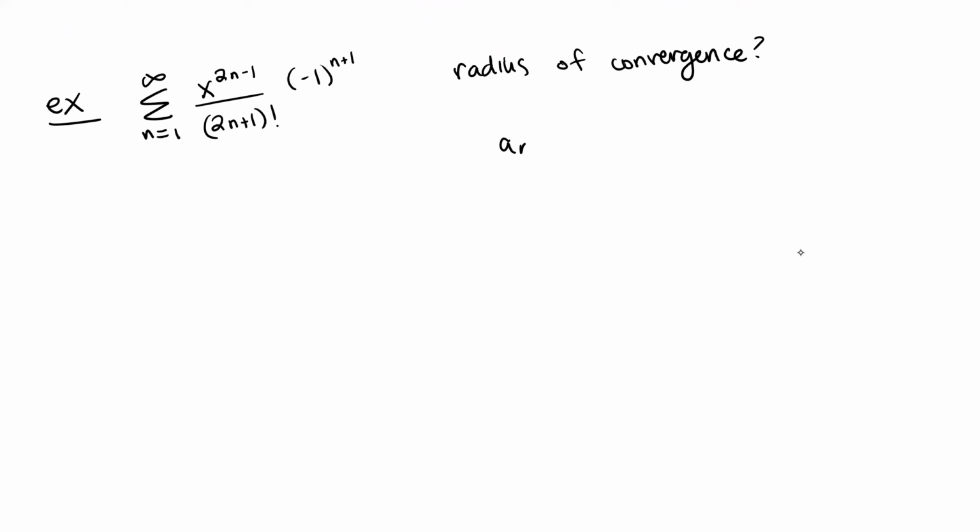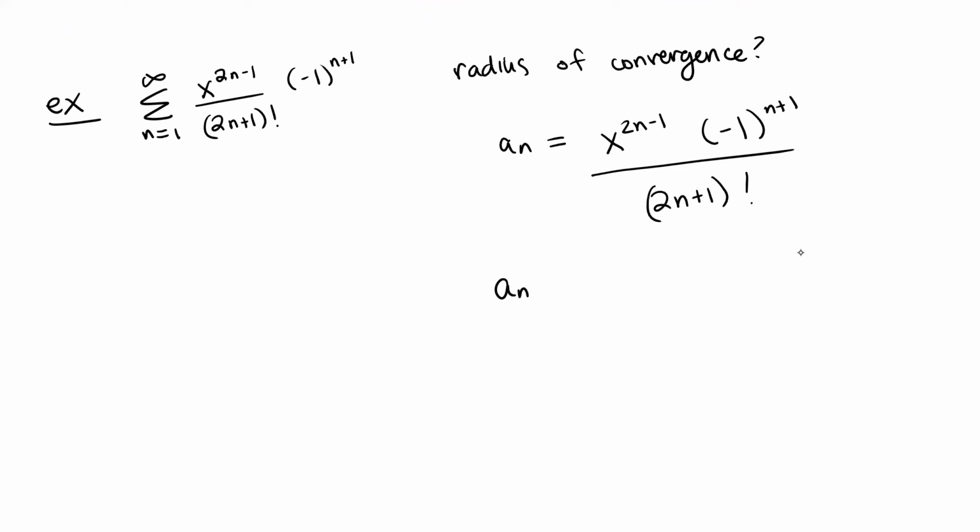All right, so a n is equal to x to the 2n minus 1 times negative 1 to the n plus 1 over 2n plus 1 factorial. And we also need to know a n plus 1. So what we do is we go through and wherever we saw an n, we replace it with n plus 1. So we've got 2 times n plus 1 minus 1.